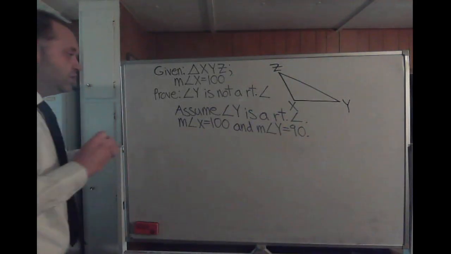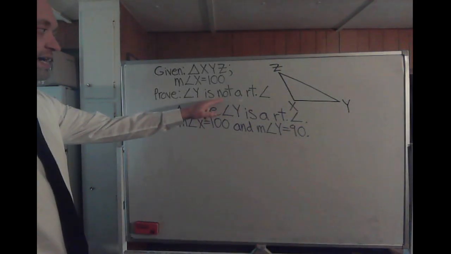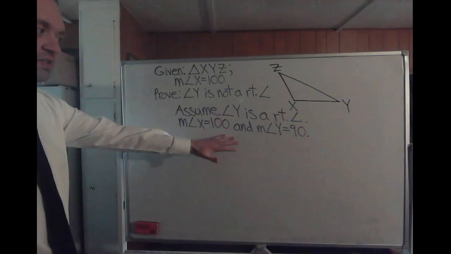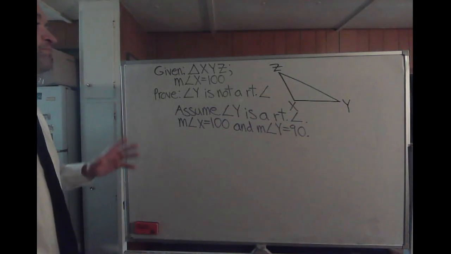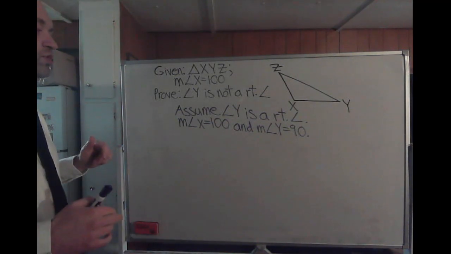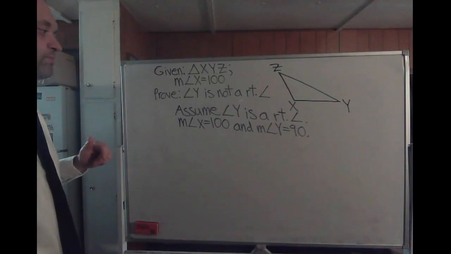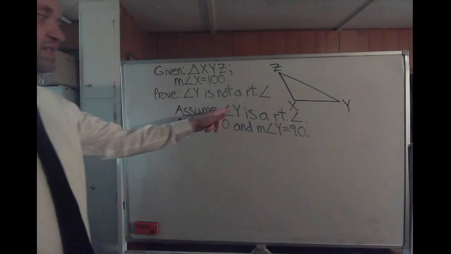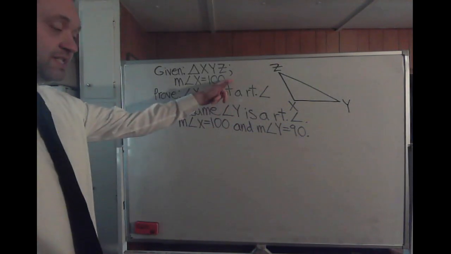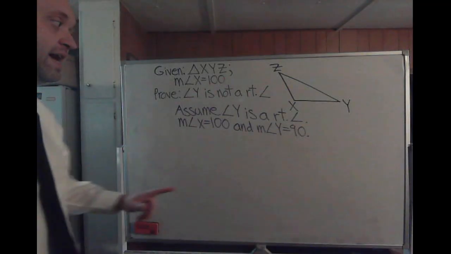So we've started out by assuming the opposite of the conclusion. We basically state what that means. We basically have to work to show that our assumption contradicts either what's given to us or a known fact.